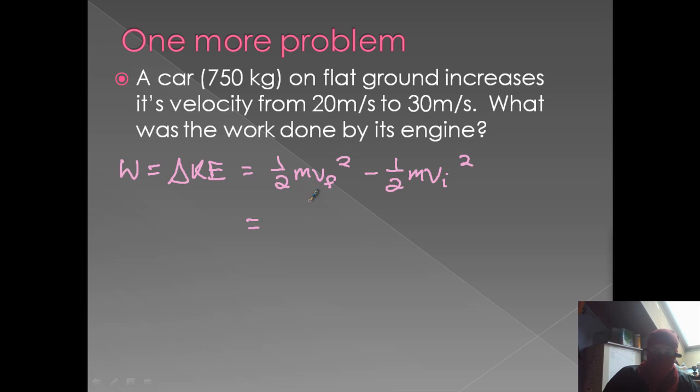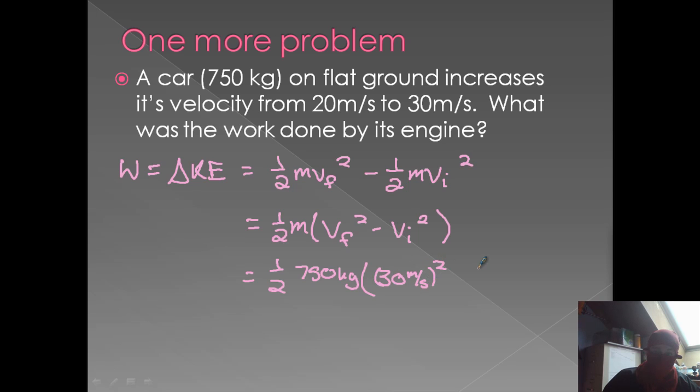So since both of these share a 1/2 and an m, pull that out front, make it a little easier to work with. Vf squared minus Vi squared. Now it just becomes simple plug and chug. 1/2 times 750 kgs times your 30 meters per second, that whole thing squared, minus your 20 meters per second, that whole thing squared, and you get a work of, where's my answer to that?